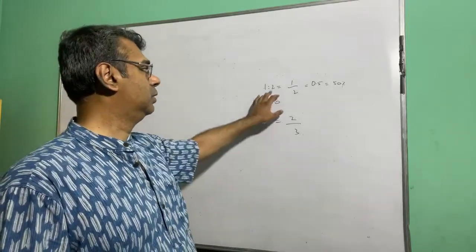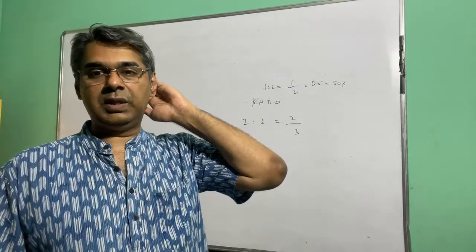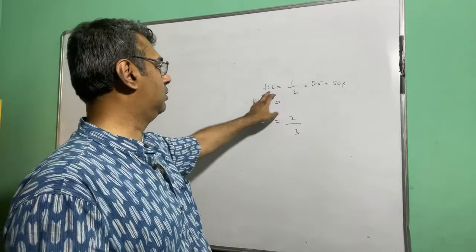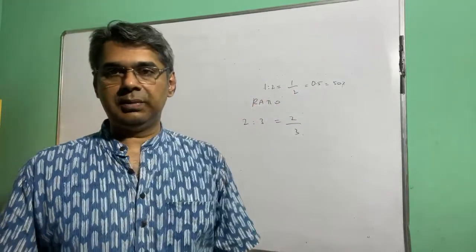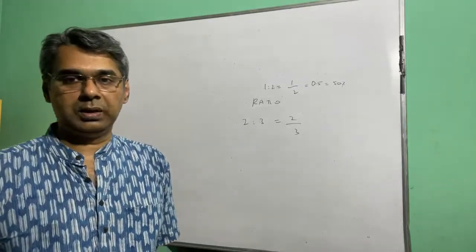Now, when do we use ratio? We usually use ratio when we compare two quantities. Whether you say 1:2, 1 by 2, 0.5, or 50%, all of them mean the same thing. But we use ratio when we want to compare two quantities.